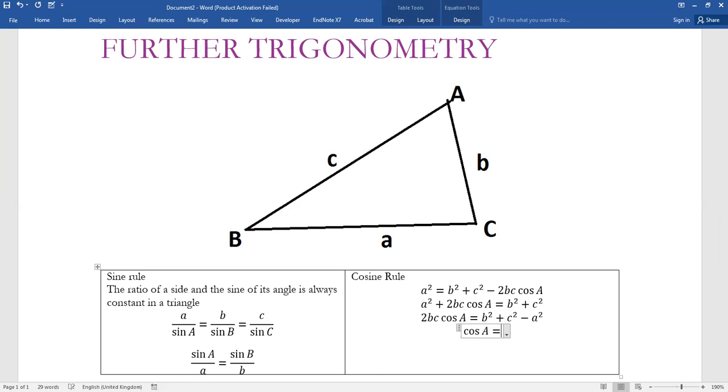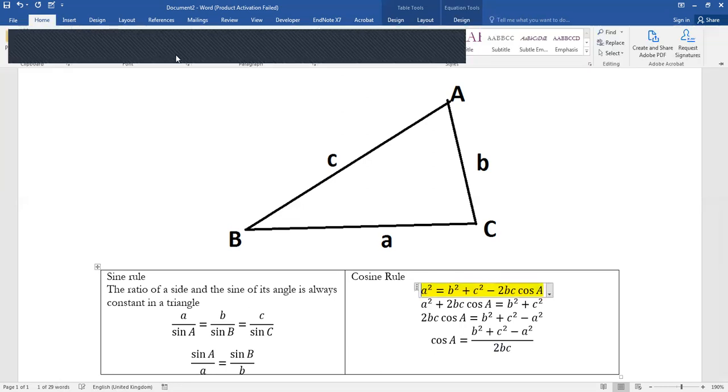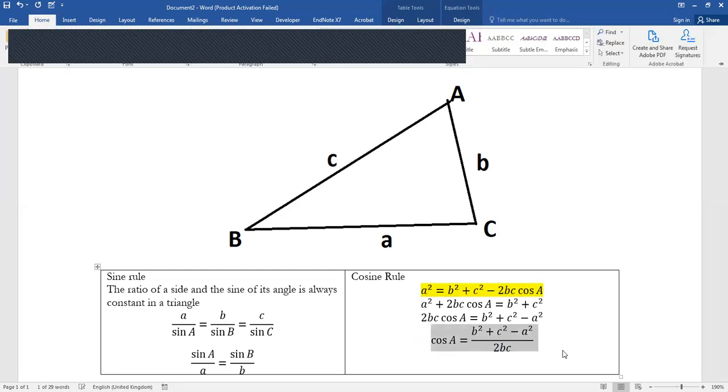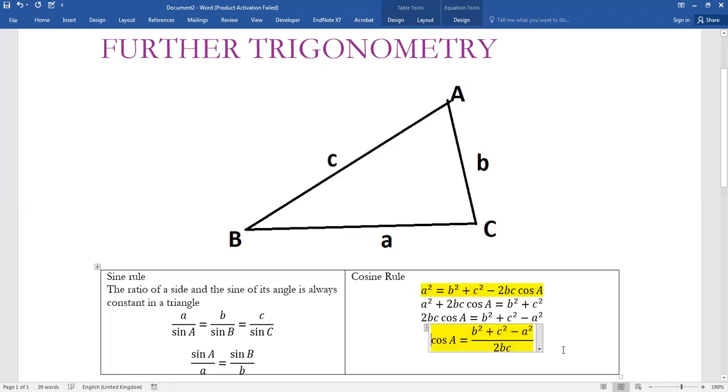So you can write cos A as b squared plus c squared minus a squared upon 2bc. So if you want to memorize it, memorize the first one. And then the second one, you can make on your own by manipulating the entire equation.